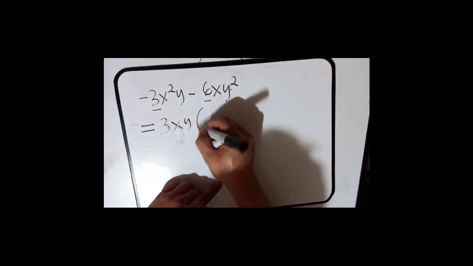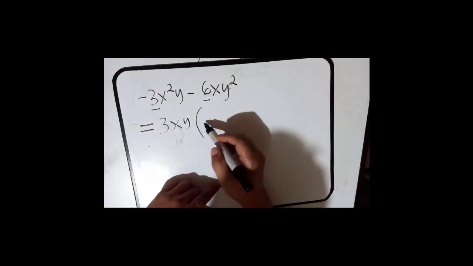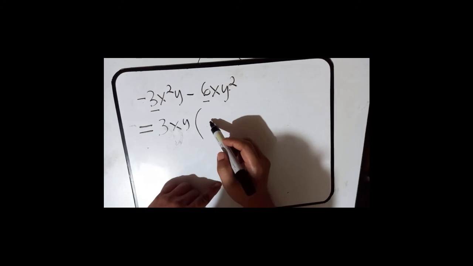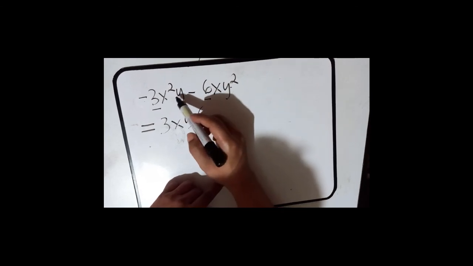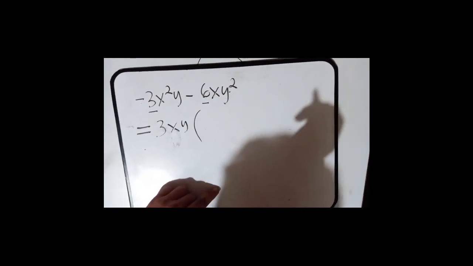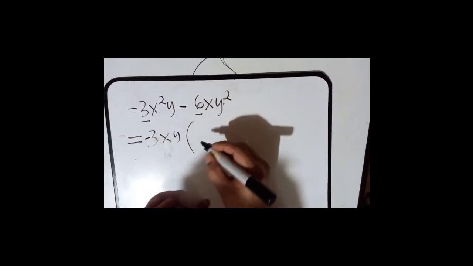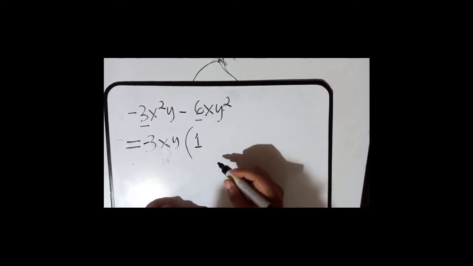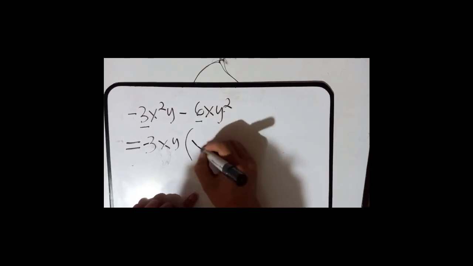Okay. And then what number should we multiply 3xy so that we will get negative 3x squared times y? I'm sorry, you should have a negative here. So maybe we can use 1. Or I mean not 1. Instead, we will use x.